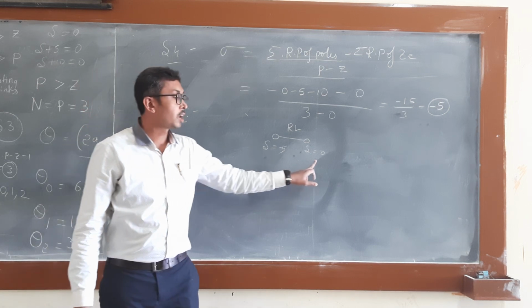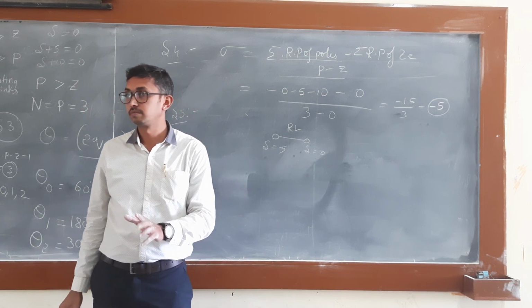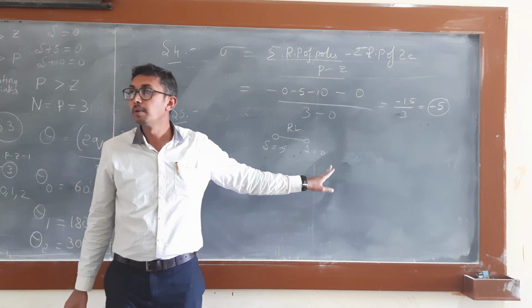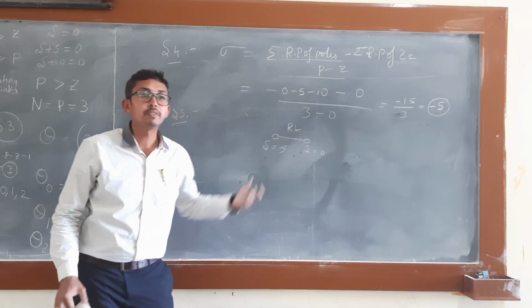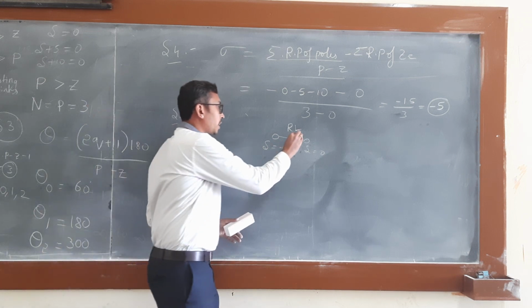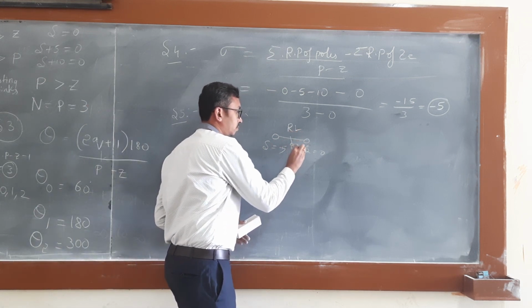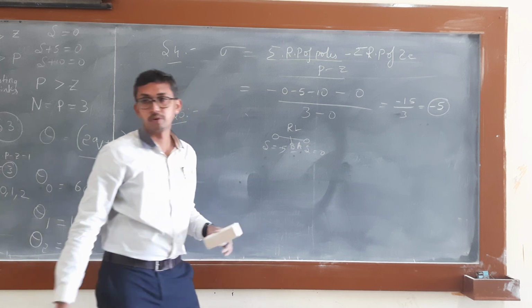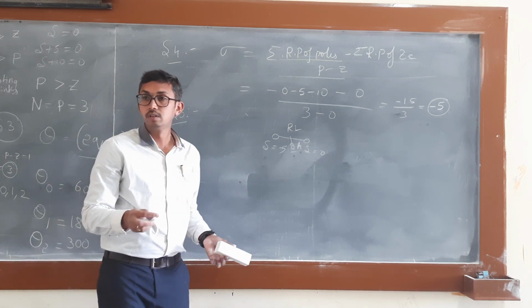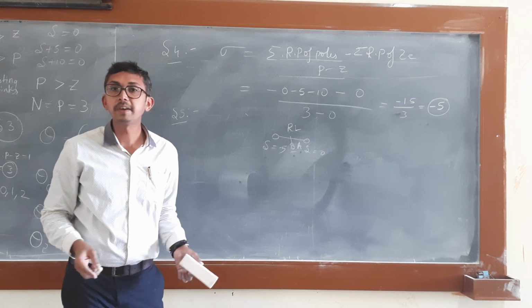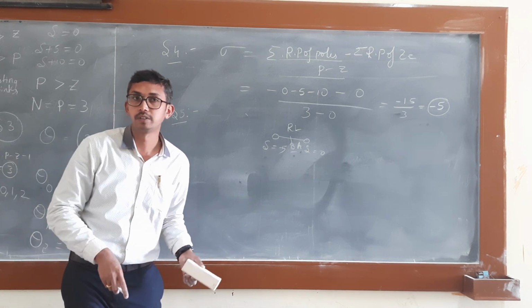So these two are what? Poles. Okay? So whenever we have poles, in between the two poles we will be having a breakaway point. In the same way, when we have zeros, we will be having a break-in point.